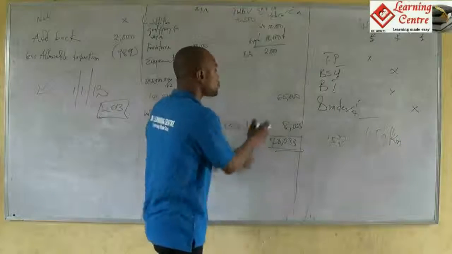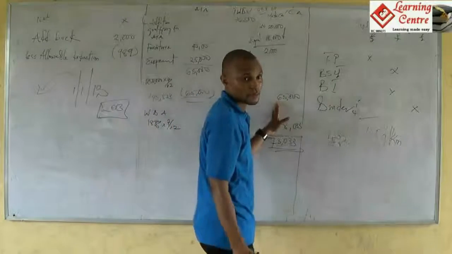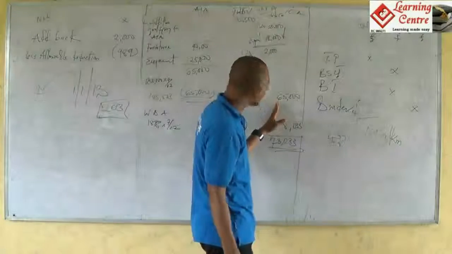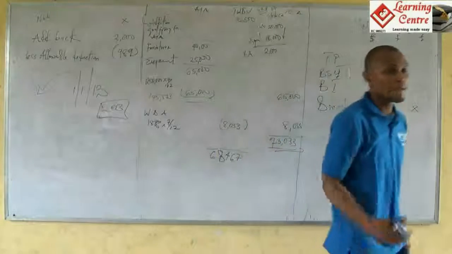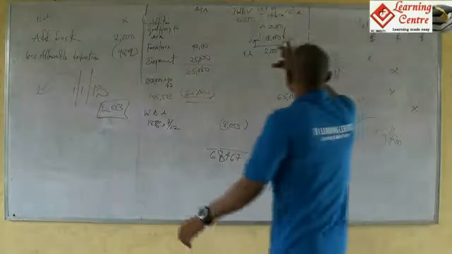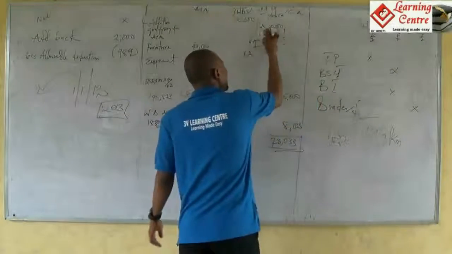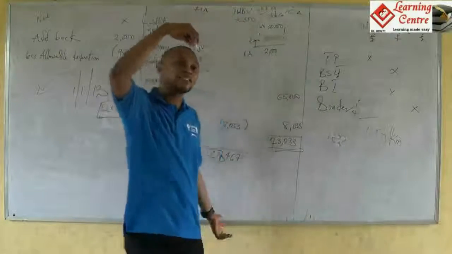2,000. This allowance, you treat it as a normal thing here. The allowance will increase your what? Your capital allowance. Balancing allowance increases your what? Capital allowance. Whereas, if your disposal proceeds exceed your tax written down value or your cost, you have a balancing charge.